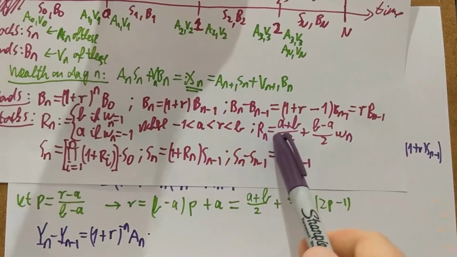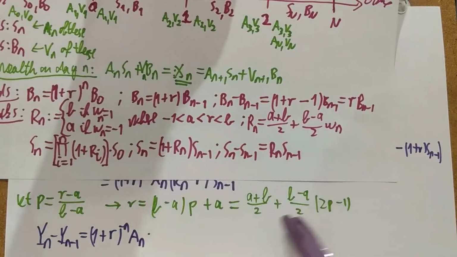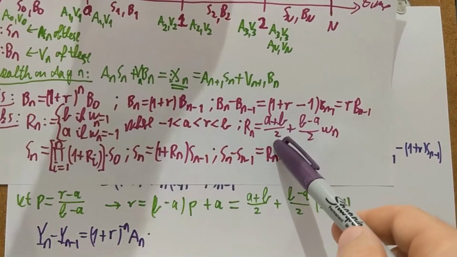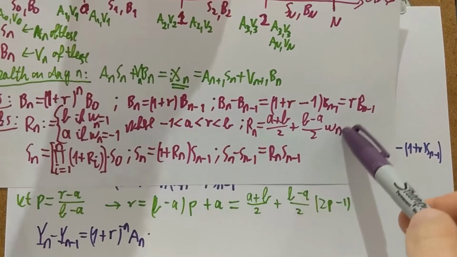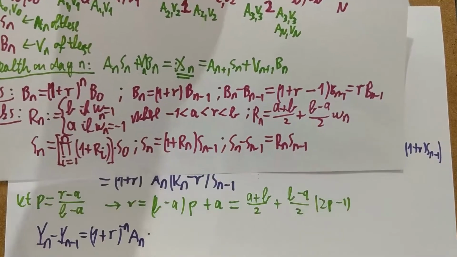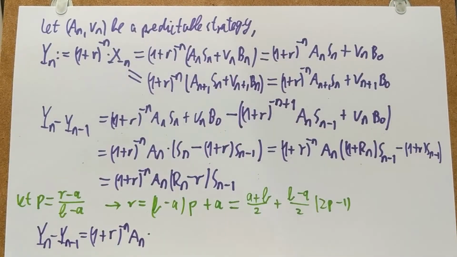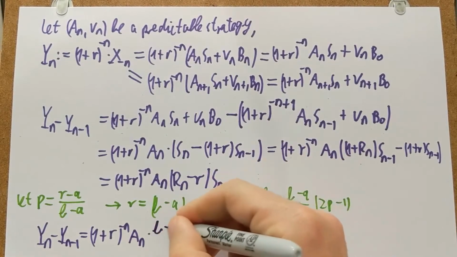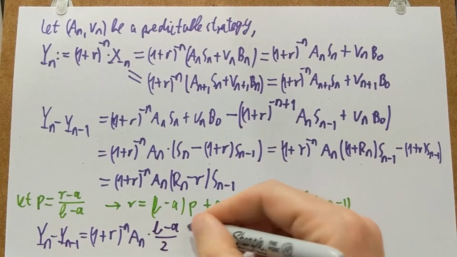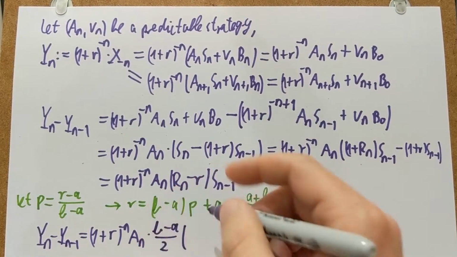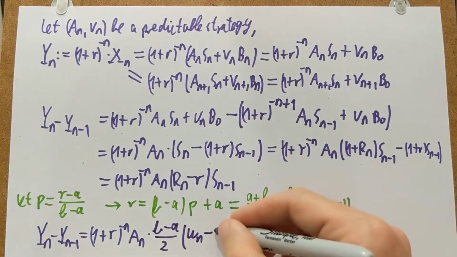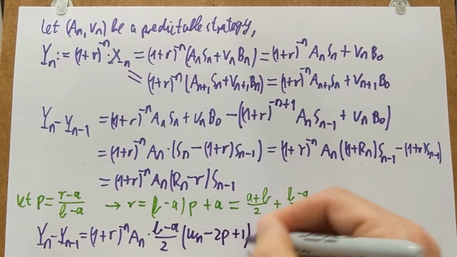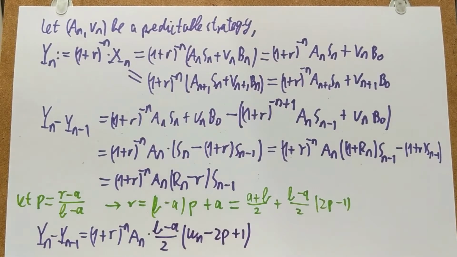If I look at rn this way and r that way, and I make the difference, then the a plus b over 2 will go, and the b minus a over 2 will survive with a factor of omega n minus 2p plus 1. So that's what I'm going to put in now. It's going to be b minus a over 2 with a factor of rn had omega n in it, and r has 2p minus 1 in it. So I arrive at this formula here.